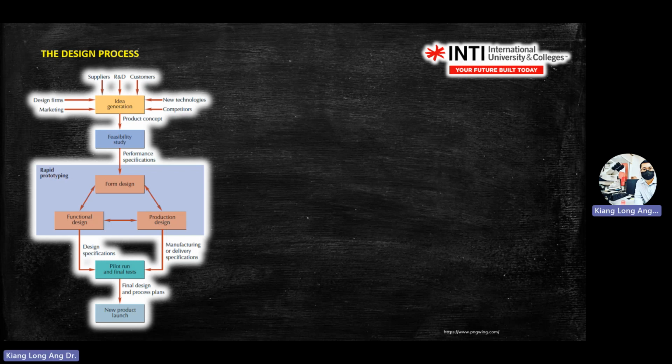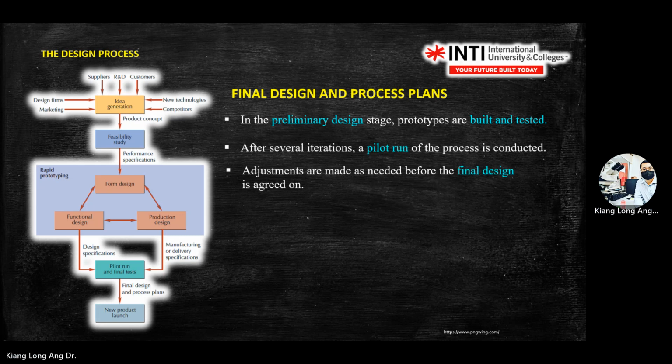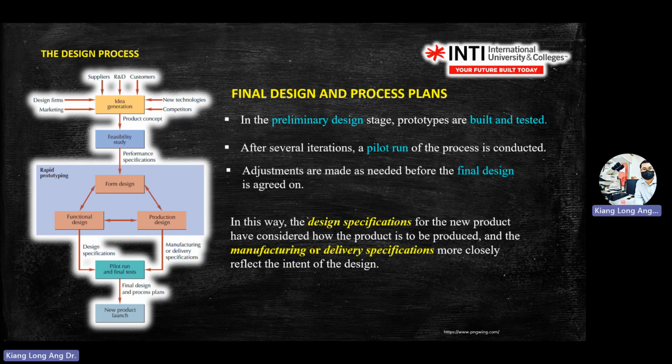Performance specification comes after feasibility studies and is an input for rapid prototyping. What comes out is the design spec and manufacturing spec. You combine them and go and do the final test. The rest you read from the diagram. The rest is just elaboration on the terms.